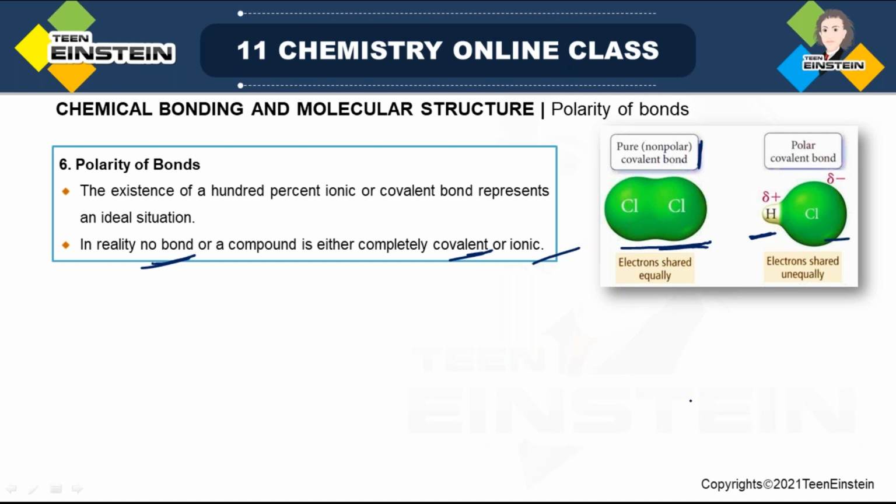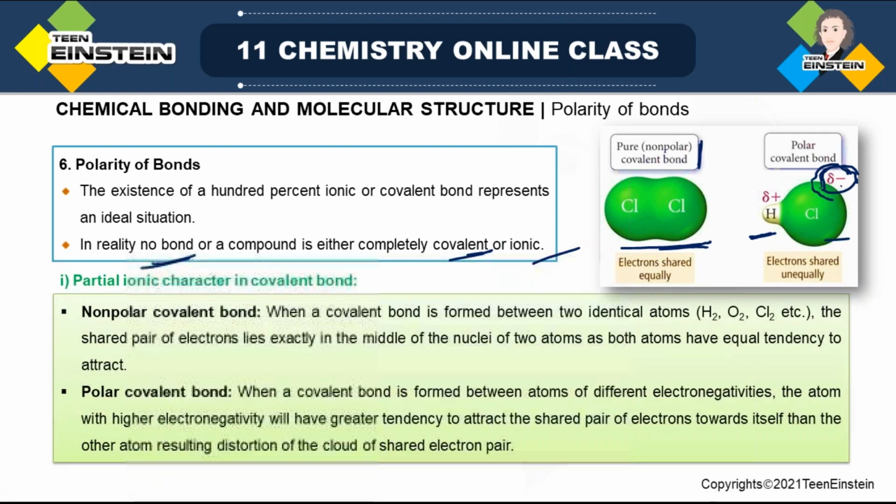So in this case you can see H and Cl, and Cl is very electronegative compared to hydrogen. So that is why electron density is closer towards chlorine, and there is a del minus sign. Del minus means it is not a fully developed negative charge, it is a partial charge, which is denoted by this type of sign. So first, how partial ionic character is generated in a covalent bond.